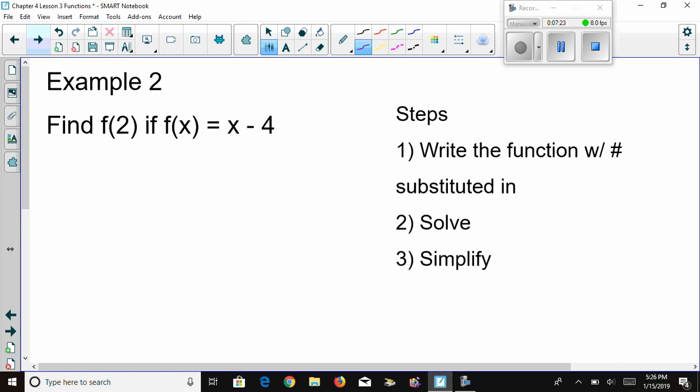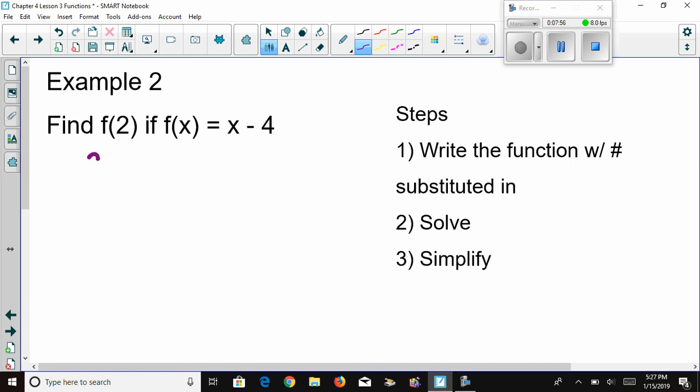This one asks to find f of 2 if f of x equals x minus 4. So the function in terms of x is x minus 4. But now I'm asked to find what does my function equal if I put into it the 2. So let's go ahead and substitute that in.